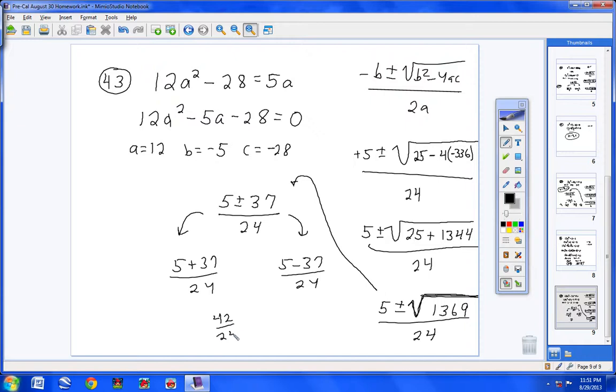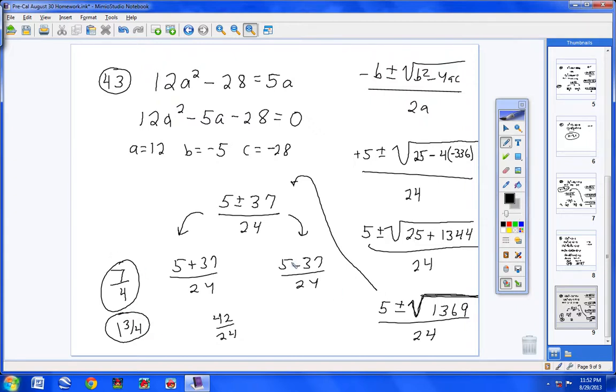Now I know that can be reduced. Yes, 6 goes into both of these numbers, and 6 goes into 42 7 times, and 6 goes into 24 4 times. So there's one answer, 7/4, or if you don't like 7/4, you could say 1 3/4, or 1.75. That's totally up to you.